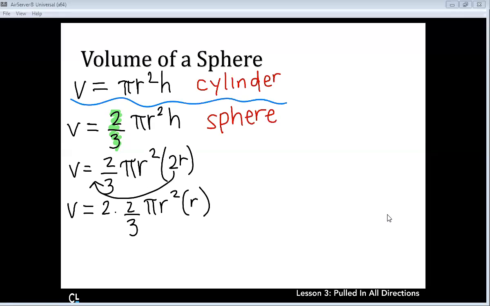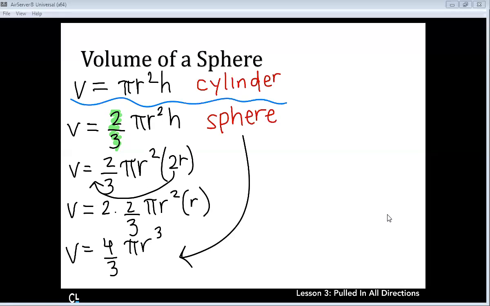We're then going to simplify and multiply. So we're going to multiply 2 times 2/3, and I get 4/3. And then we're going to simplify r squared times r, and I get r to the 3rd power. So this now is our formula for finding the volume of a sphere.